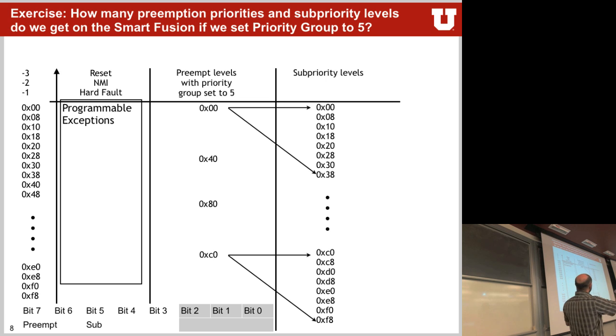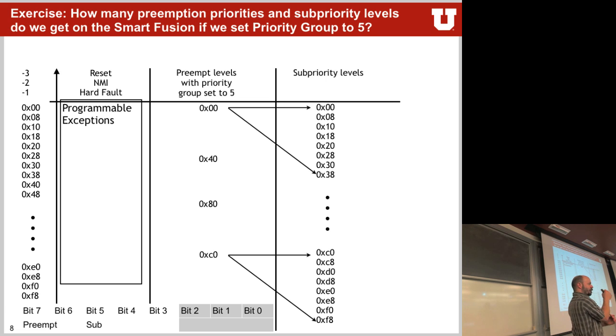Right? So if it's set to 5, it means that you write a priority level for your interrupt. So for a certain interrupt source, you have 1 byte where you can tell what priority it is. So 38, that's your priority now. And in the NVIC, in a different register, you have configured how many bits are supposed to be sub-priority, how many bits will be the preemption priority.